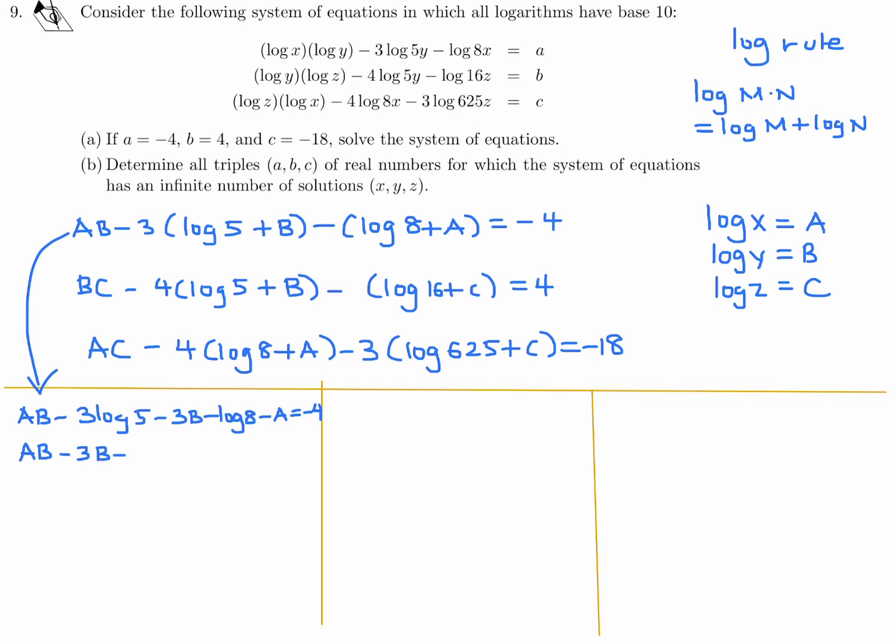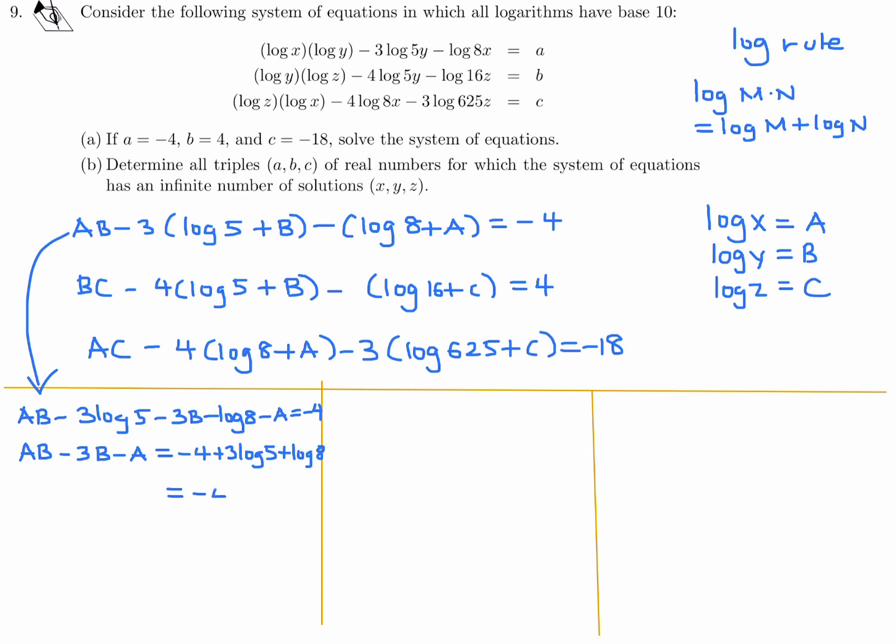So it'll be ab minus 3b minus a, and on this side we'll get minus 4 plus 3 log 5, which is essentially just a number, plus the log of 8. And then if you get your calculator out and do this math, you will be pleasantly surprised to find out that that equals 3.